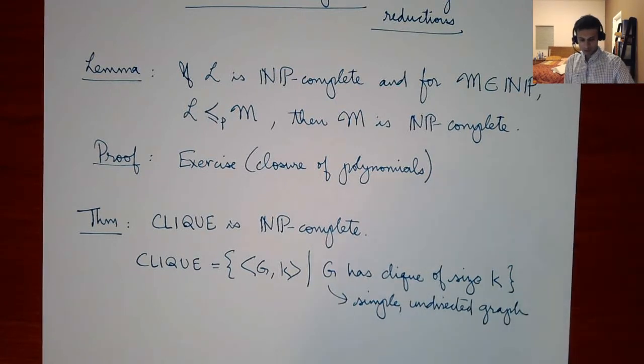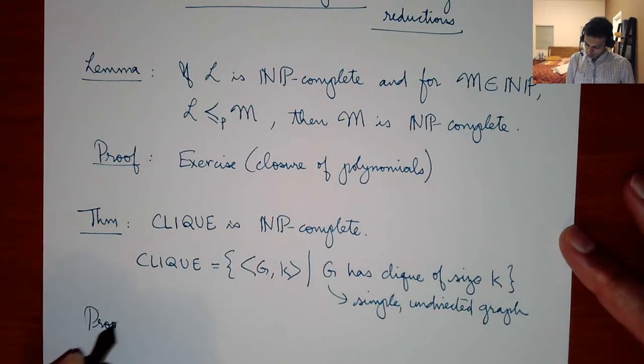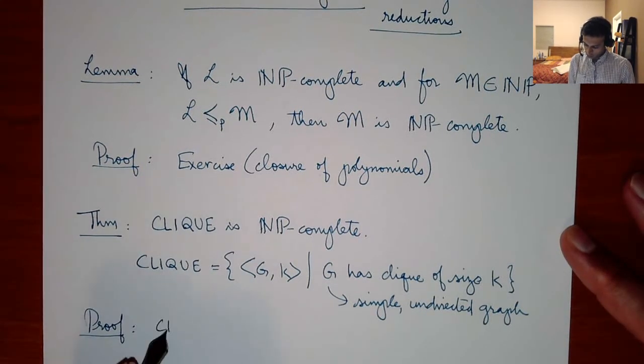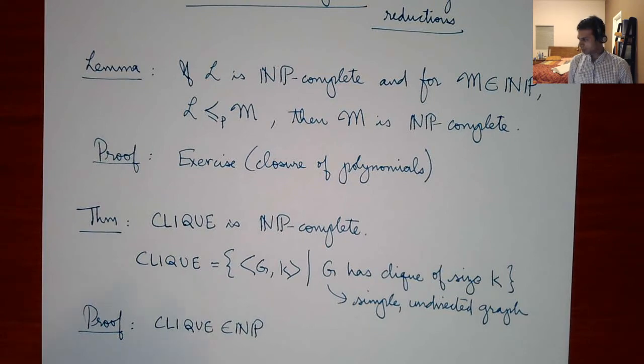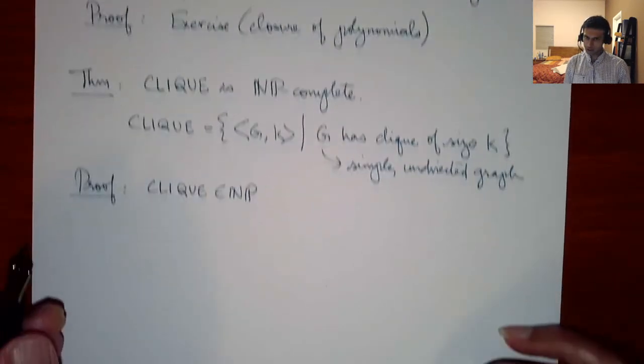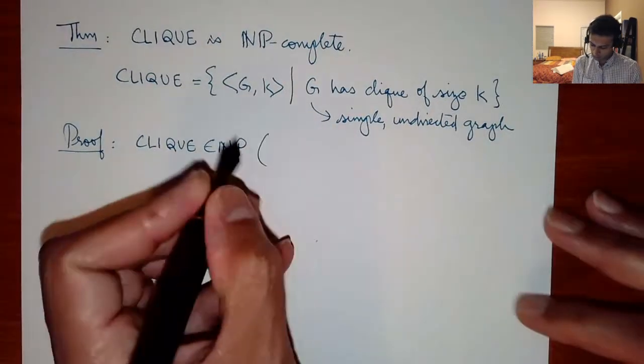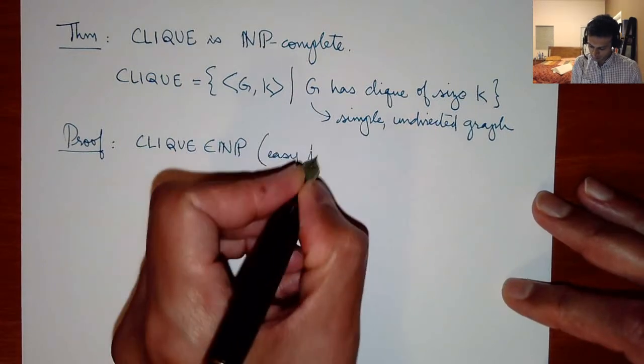So here's the proof. It should be apparent that Clique is in NP. I think we even discussed this when we were discussing the notion of NP in terms of verification. So Clique is in NP, easy to verify that.